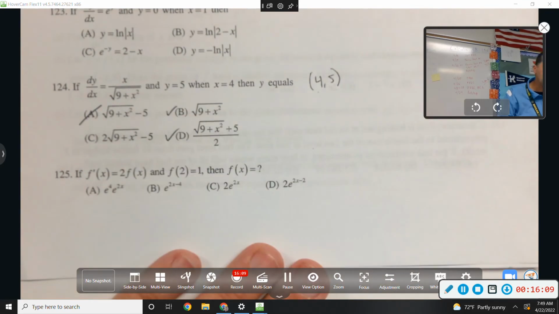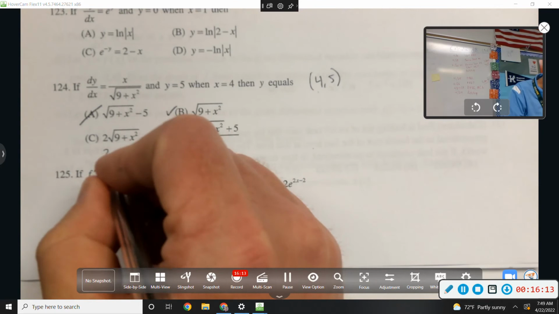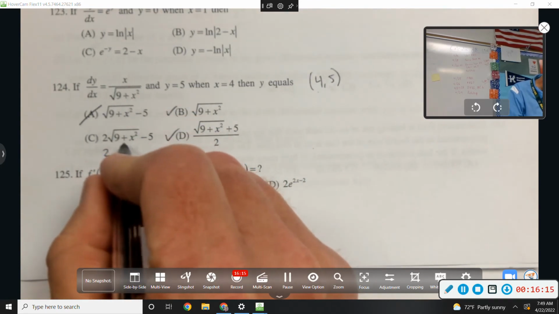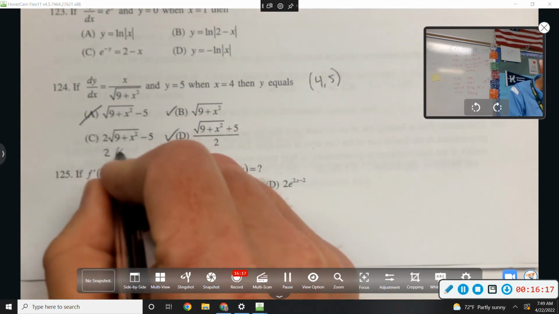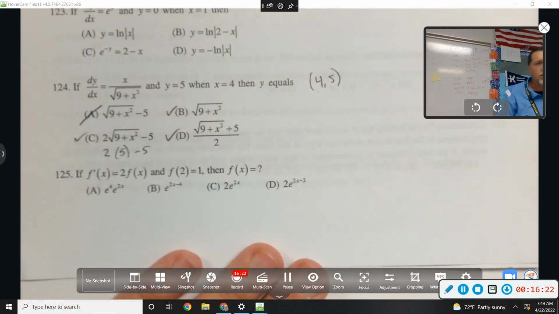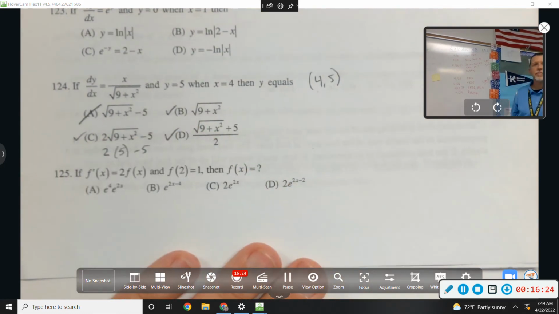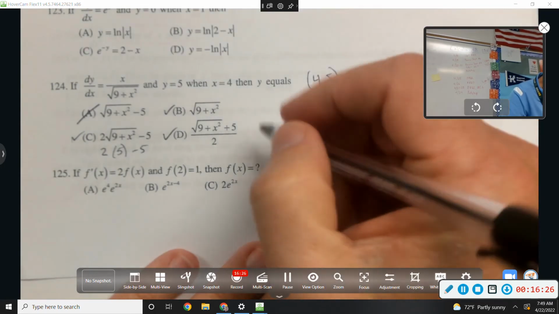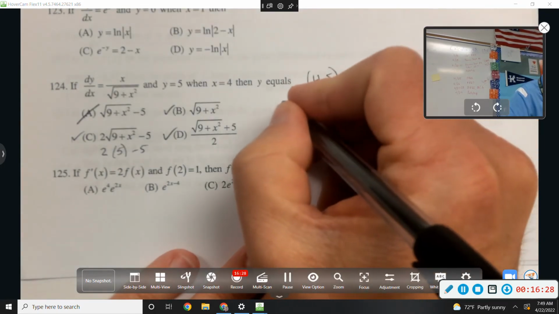Okay, so D's a maybe. Square root of 25 is 5. Yep, so C's a maybe. So I was only able to throw out one of those. All right, so I guess I've got to work this problem the real way here.